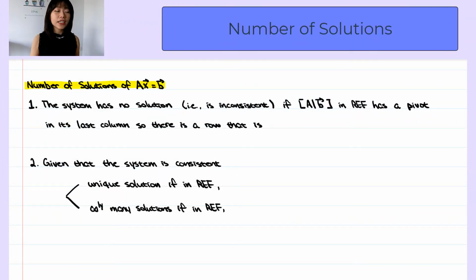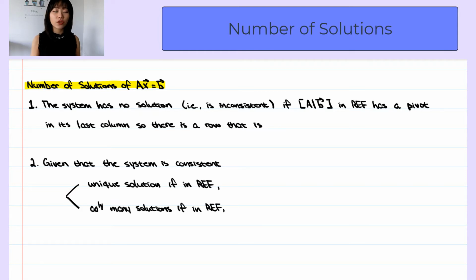So if we write our system of equations as a coefficient matrix A times the variable column X equals vector B, we can get 2 cases. The first case is when the system has no solution.